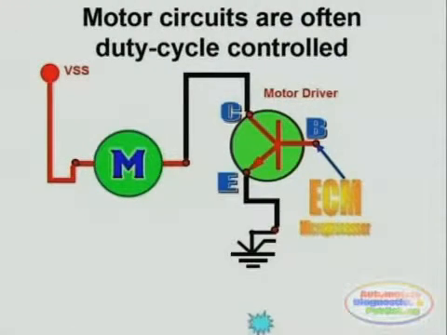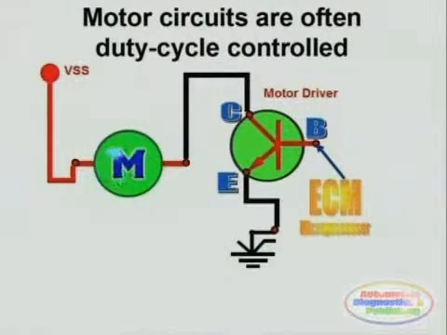The ECM microprocessor applies a very small pulse to the transistor base lead. This will cause the transistor to become conductive. In other words, it will close its circuitry and conduct electricity, or electron flow, between the emitter and collector leads.